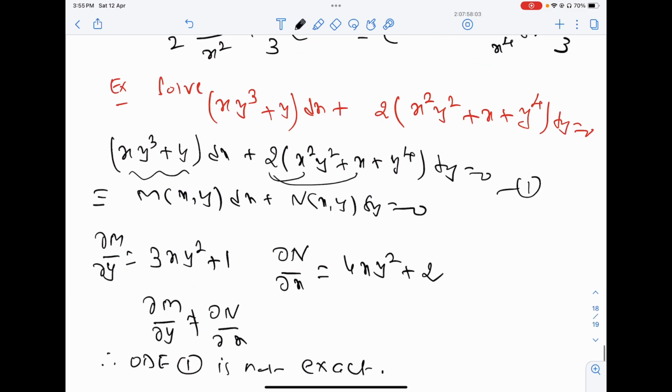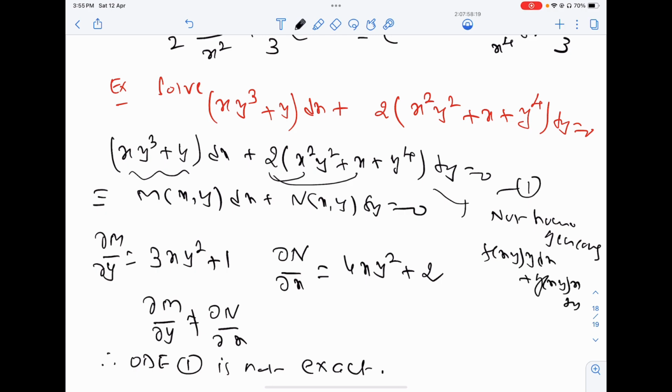Now see, this is not homogeneous, even not in the form f of xy into y dx plus g of xy into x dy equal to 0. That form is also not there.